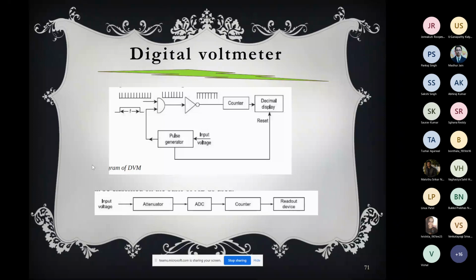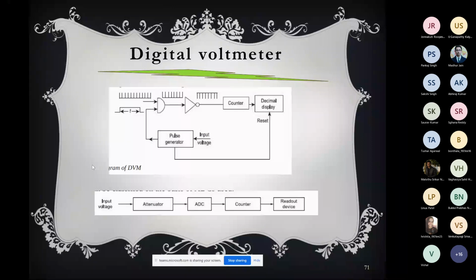Now the digital voltmeter. What is that? A digital voltmeter is also a very simple instrument. You have two gates basically. One is an AND gate, and you have a width of T, and in that width you will get the input pulse. There is a pulse generator, so based on the input voltage, the pulse will be generated, and there is another continuous pulse coming.